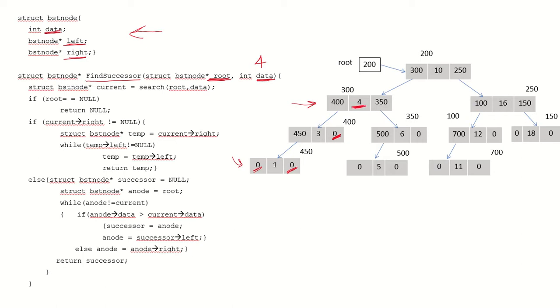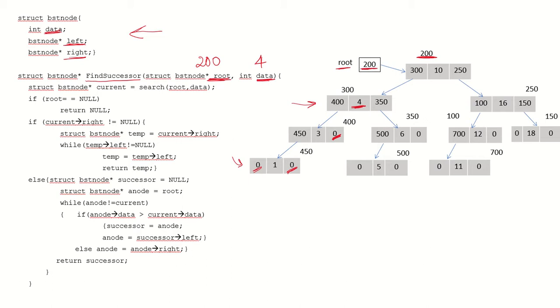We will find which data will be the in order successor for this particular data value. We will also pass the address of the root node. So we are assuming that the root node is at address 200. So the root pointer is storing that address 200. So we will pass these two values in our function.